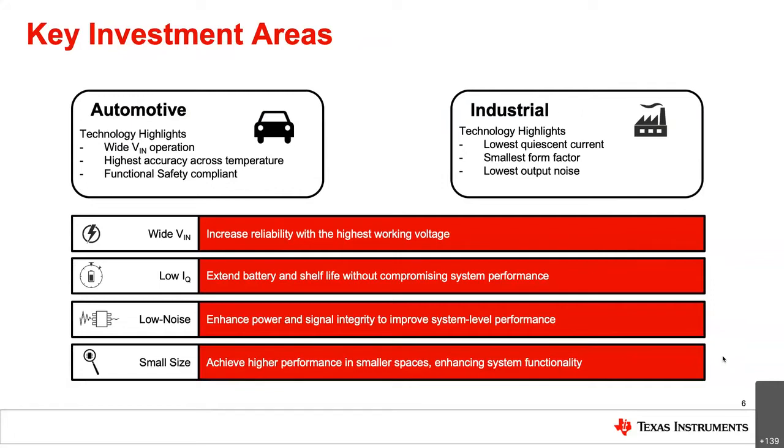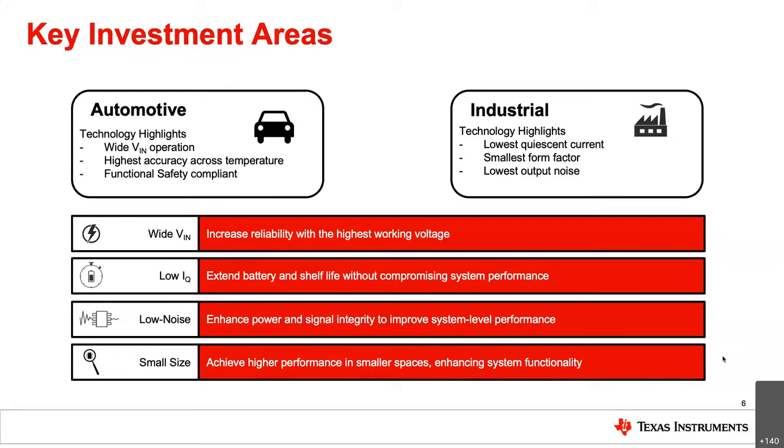We also have the highest accuracy across temperature and are functional safety compliant. On the industrial side, we are working towards expanding our low quiescent current family with the TPS7A02 and other products. We have leaded and small form factor devices that are common throughout the industry. And we also provide the lowest output noise on some of our devices.